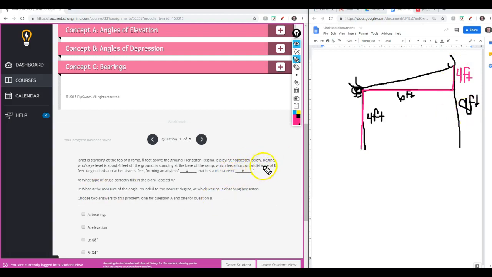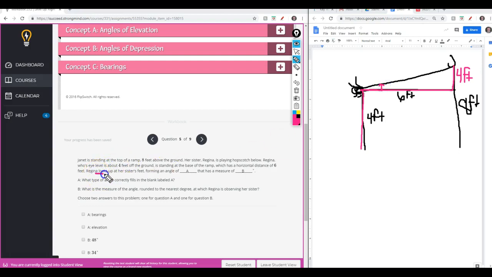So now it wants us to find the angle. So here's the question: is it an angle of elevation or an angle of depression? Remember in the last question, depression was looking down and elevation is looking up from the horizontal line. So we have this horizontal line, and Regina would look up.